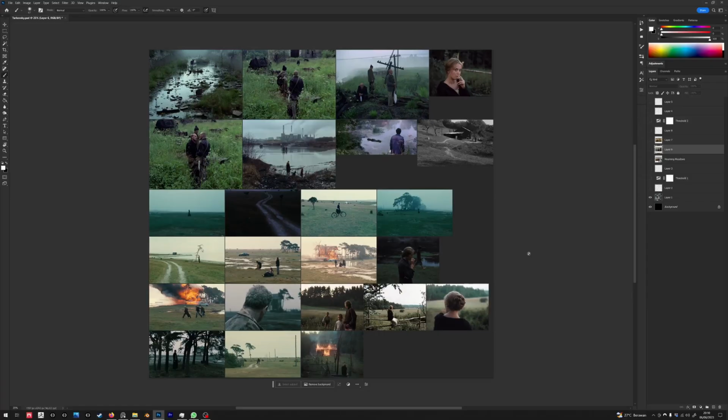There are several things you can see here. The constant in every single screenshot that I grabbed is that the composition, first of all, is very beautiful. That's a constant on every single one, and then, obviously, it's Tarkovsky.